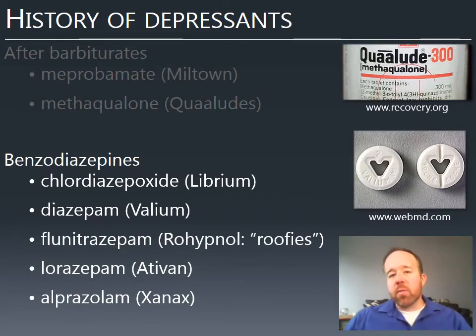We don't need to go into the chemistry of it, but like barbiturates, there are a large number of these compounds, and they're designed and modified to try and minimize side effects, minimize the risk of overdose and dependence, but they're also customized based on how quickly their effects take place and how long those effects last.